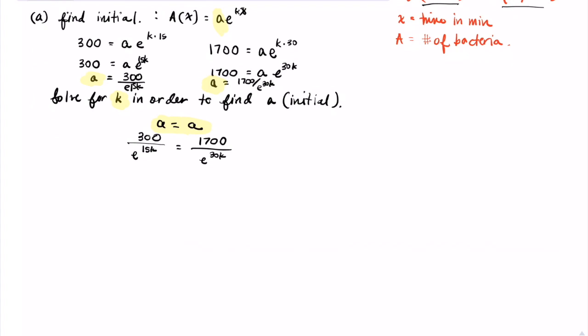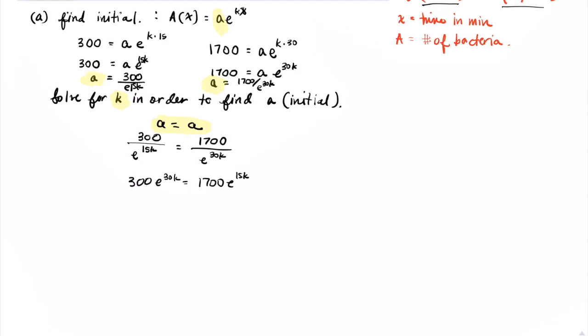Just doing some algebra in this case, we could easily see that it'll be 300 e to the 30k equal to 1700 e to the 15k.